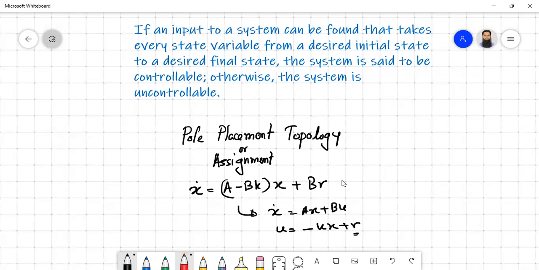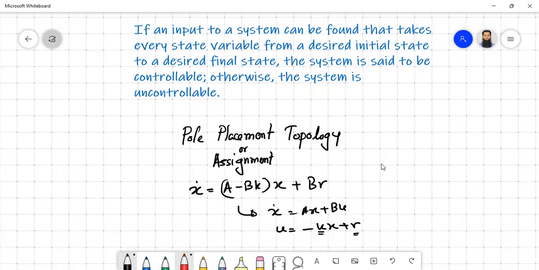So r is the regular input and K is basically our state feedback gains. Each and every state is fed back to the input, and in turn we are controlling each and every state to place the poles at the corresponding desired locations in the S-plane.